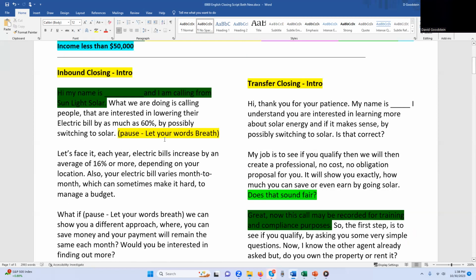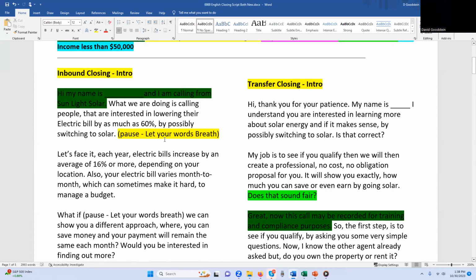All right, so let's talk about transferred calls. Now think about this. The opening agent went through the opening script. Now you want to make sure that, number one, the opening agent did their job and sent somebody over who was interested, cooperative, and met all three pre-qualifications.